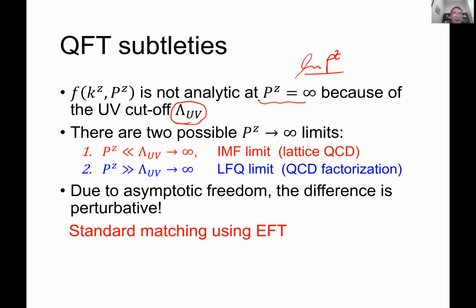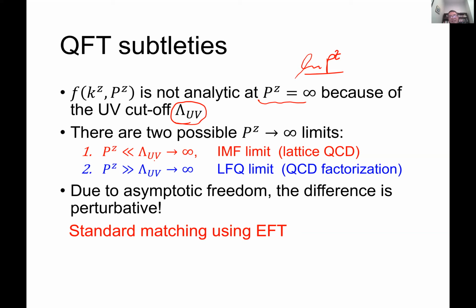The first possibility is that the momentum is always less than the UV cutoff. That is what you do in lattice QCD, or in a sensible field theory calculation: you always want to have the UV cutoff be the largest scale in your calculation, and then you have momentums much less than that.